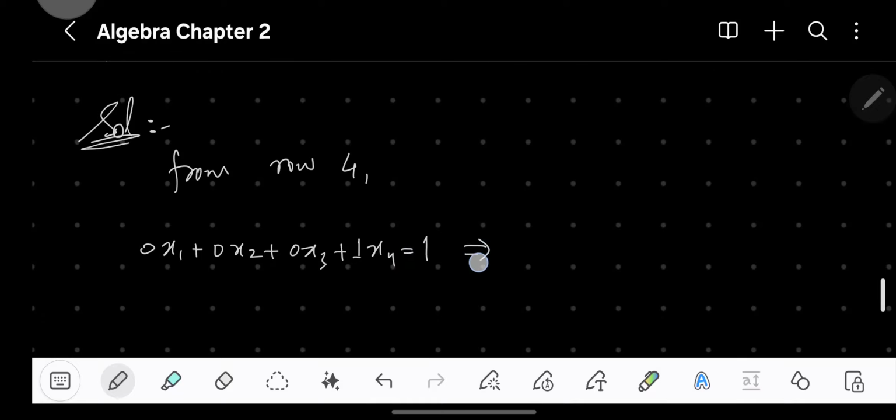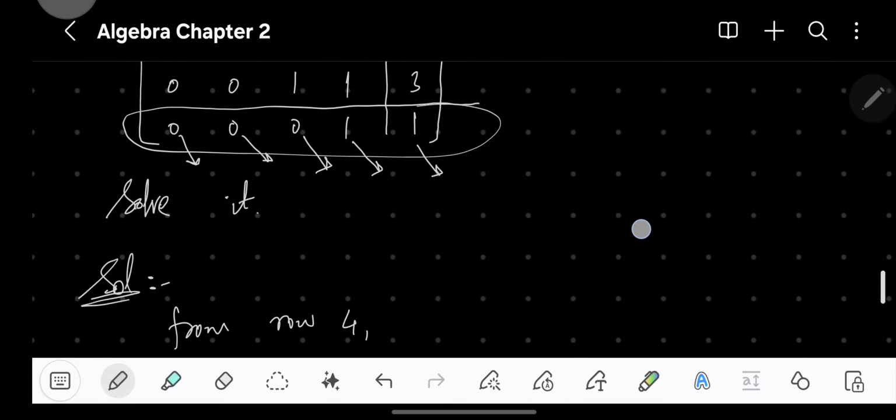So what does that mean? This means x4 is equal to 1. So we have found the value of the last variable.